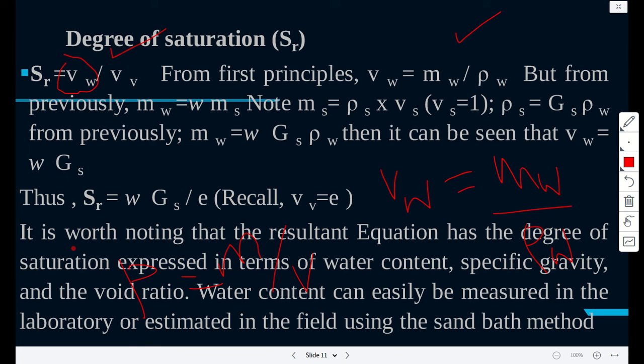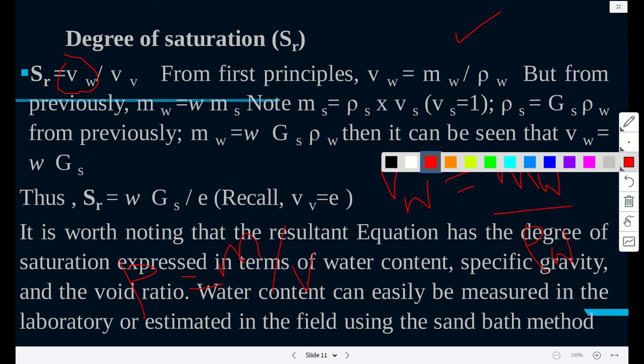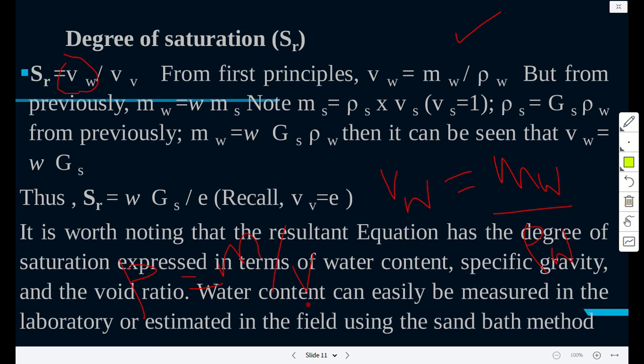But from what we have done previously, we said water content is mass of water over mass of solid. So you cross multiply to get the mass of water, because we intend to substitute this mass of water.